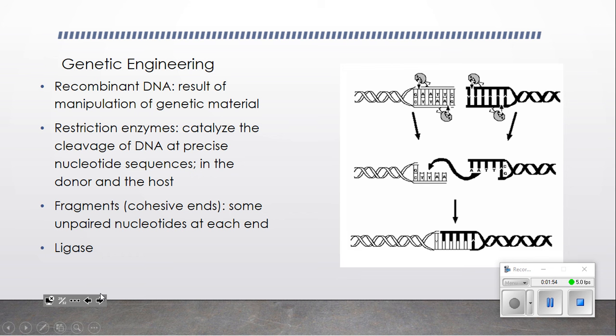Here's another enzyme. There are lots of different types of restriction enzymes. So this is not one single enzyme, it's like a category. These enzymes catalyze the cleavage, and that means cutting, separating, of DNA at precise nucleotide sequences.